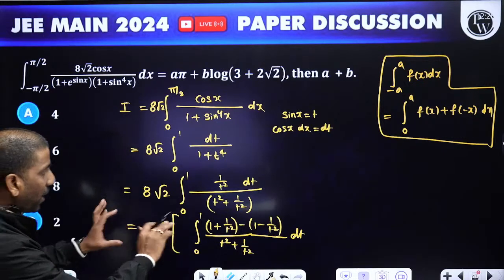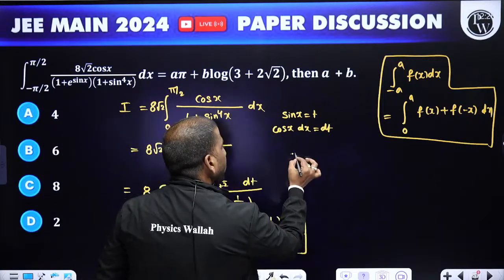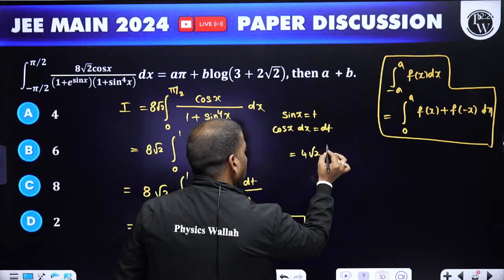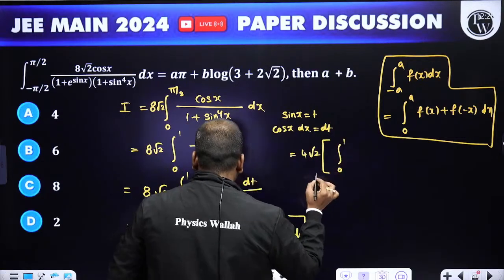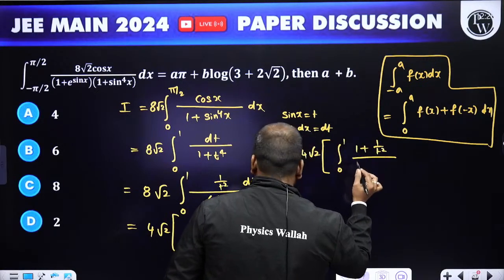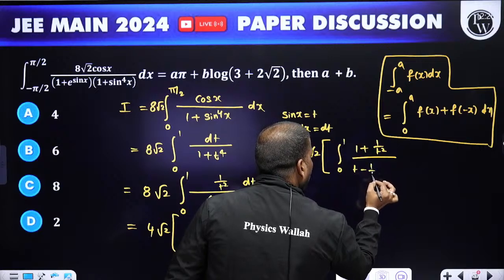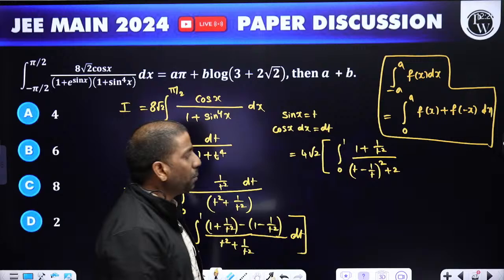So that is manipulated. Then what's the advantage here? We write it here, 4 root 2 integral 0 to 1, first integral 1 plus 1 by t square divided by t minus 1 by t plus 2. Observe this. Why t minus 1 by t?